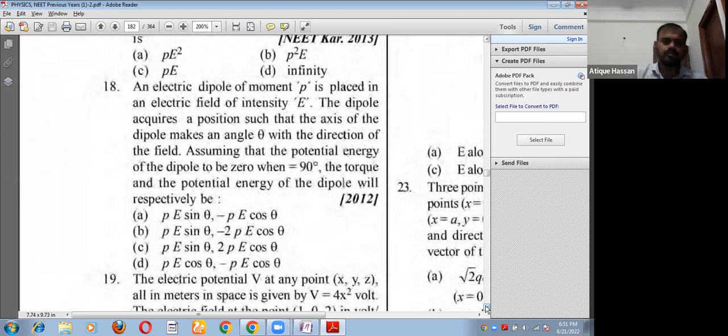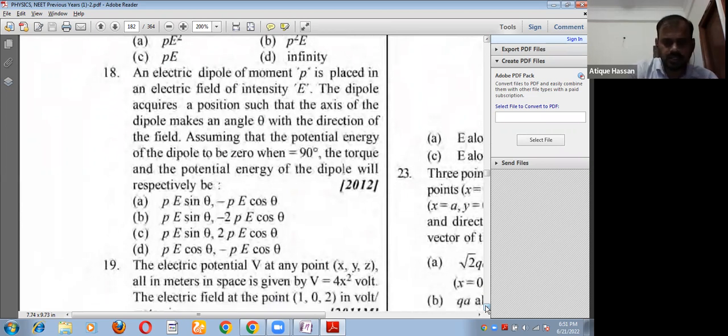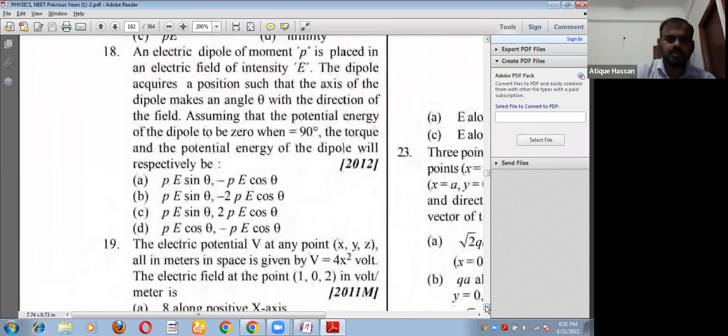So the language of the question is a bit illustrative or elaborative, but the question is very easy, more than you can imagine. You only have to write the formula.